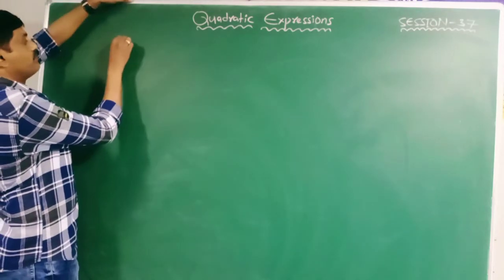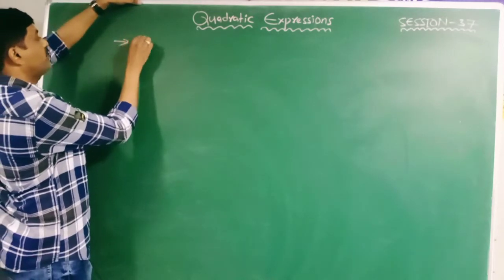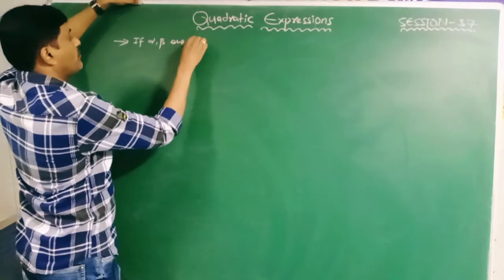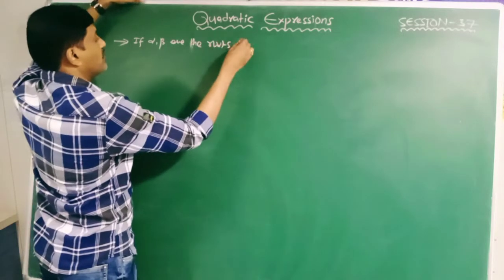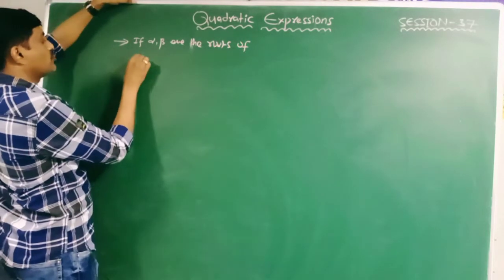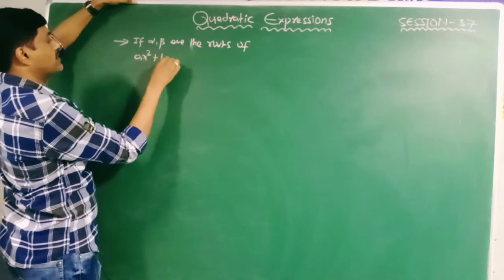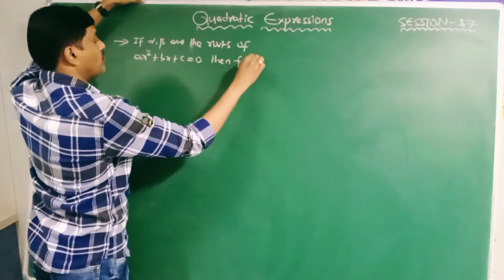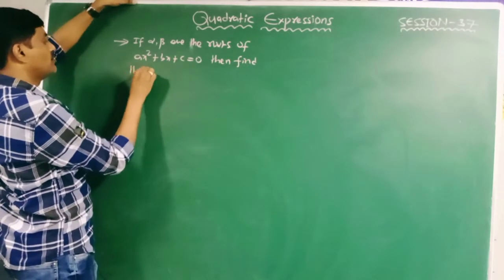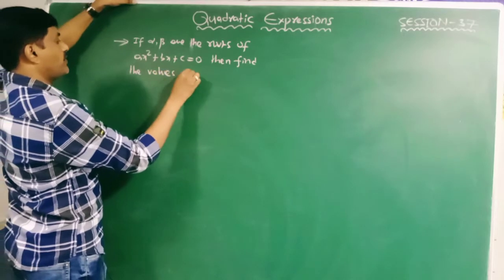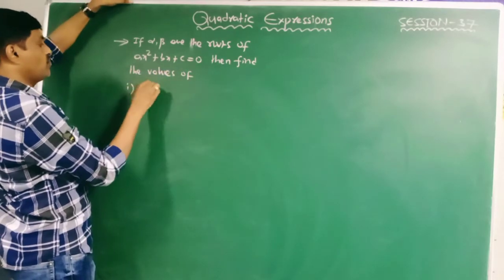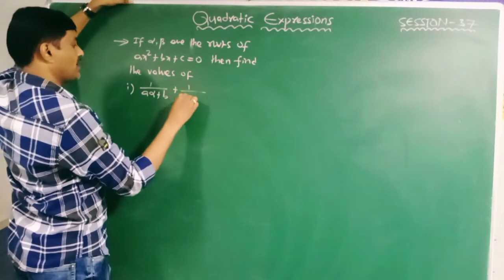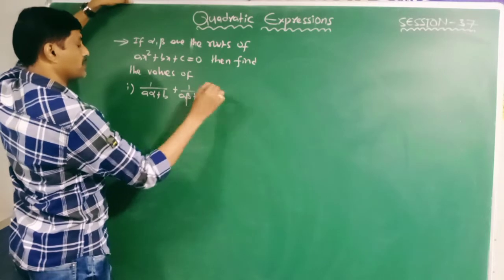Okay. So first problem: if alpha, beta are the roots of ax square plus bx plus c is equal to 0, then find the value of first one, 1 by (a alpha plus b) plus 1 by (a beta plus b).